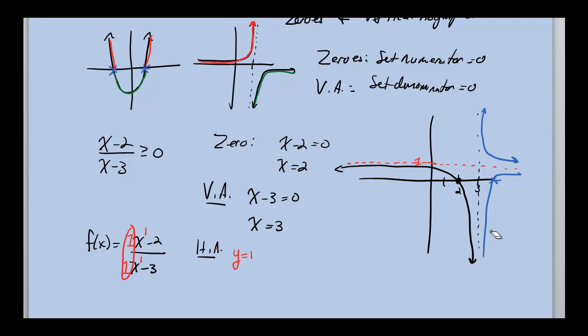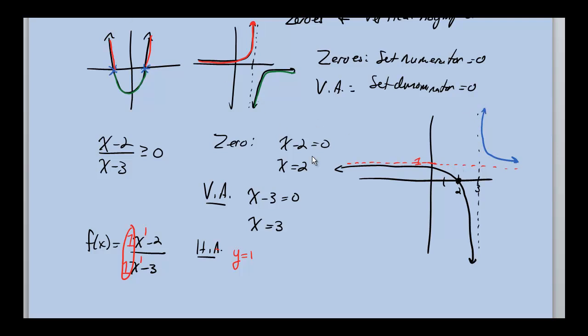In order for it to come from the bottom and go up here and become tangential to the horizontal asymptote, it would have to cross the x-axis again. But we don't have another zero. Therefore, this could not feasibly be the option for the graph. It cannot come from negative infinity and then cross the x-axis and become tangential to my horizontal asymptote. It's not allowed. Therefore, I know my graph must look something like this.